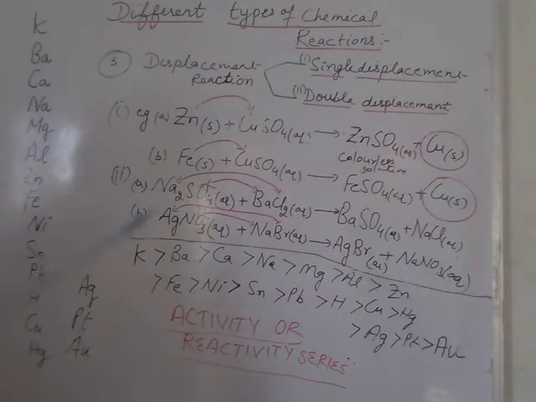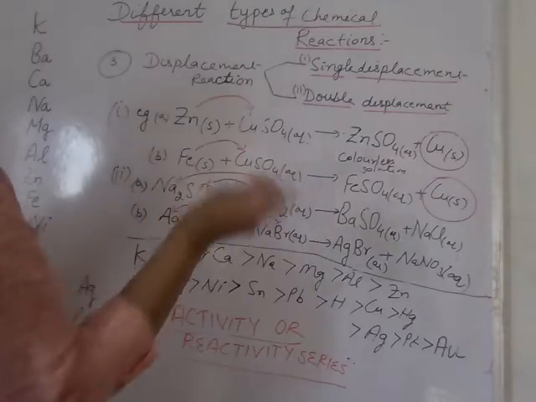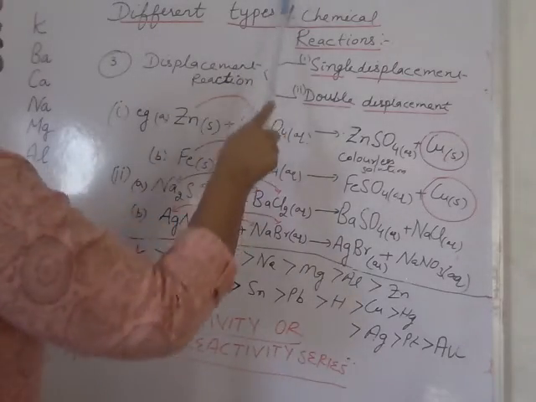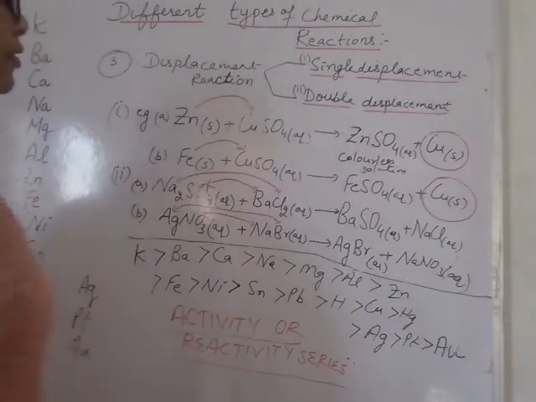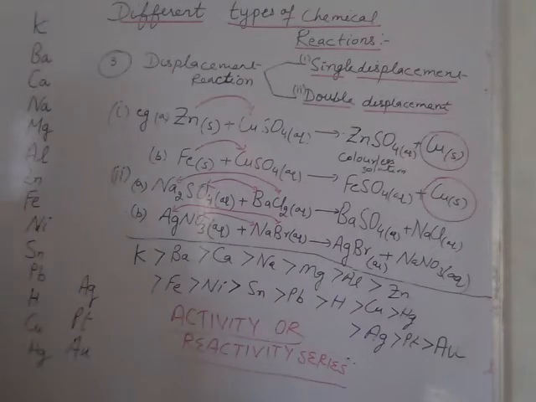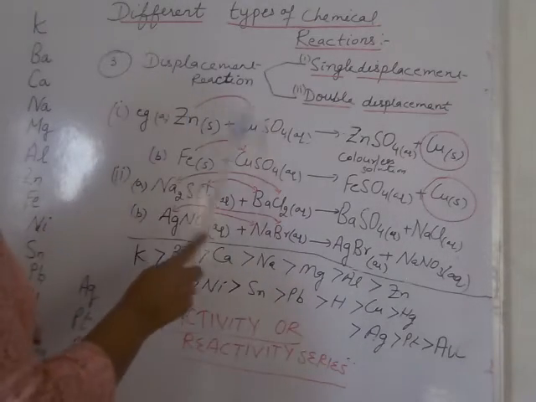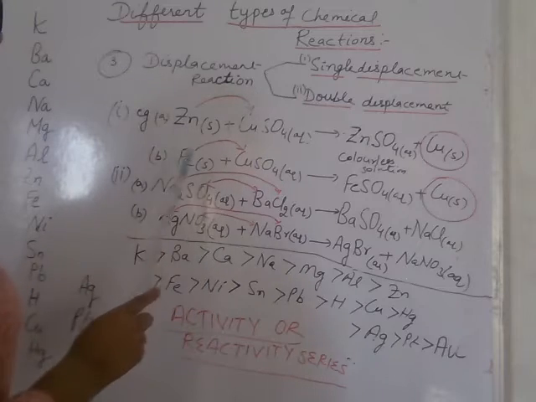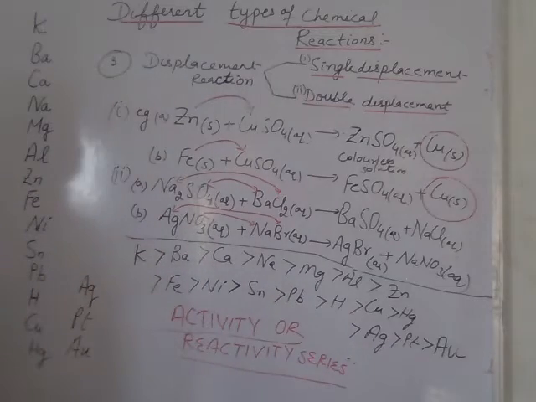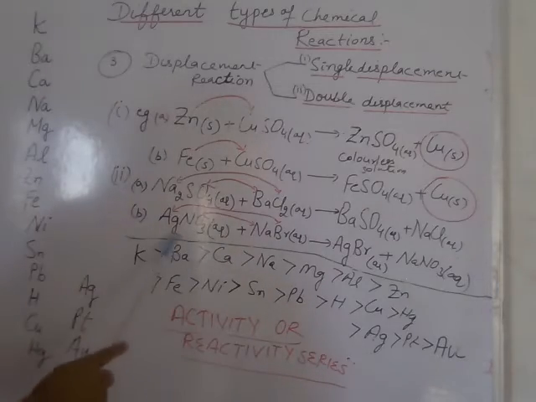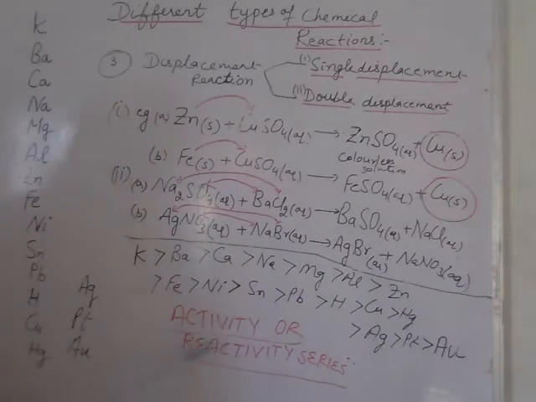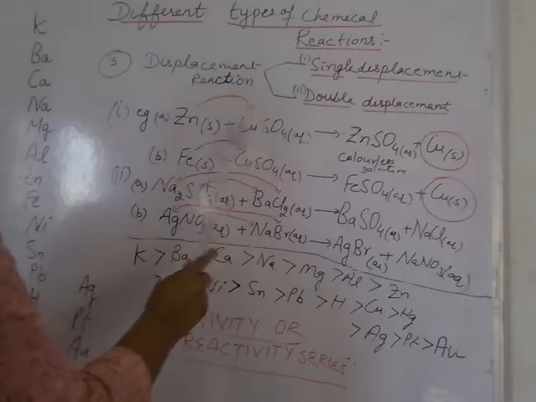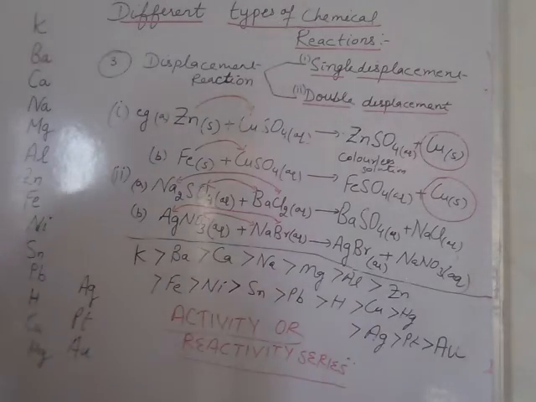Why? Because copper is less reactive than zinc. So we can store zinc sulfate solution in copper vessel, but we cannot store this copper sulfate solution in a vessel made up of zinc or iron. So just you remember this series, then you will be able to find out that which reaction will take place or which will not take place.